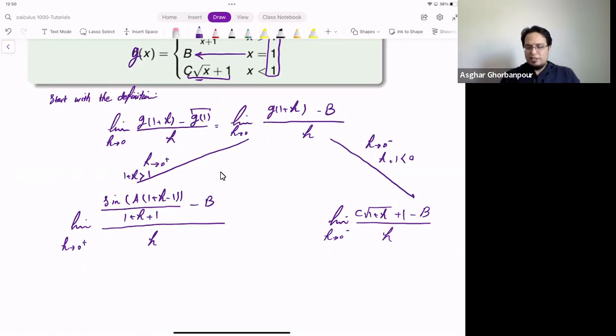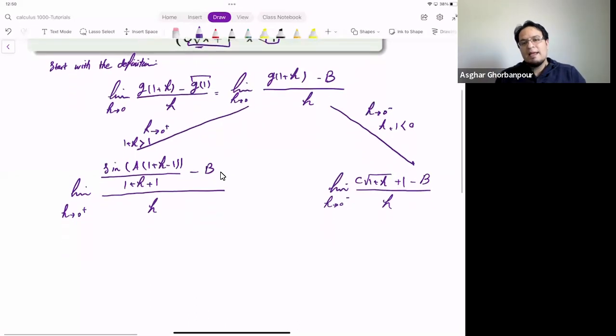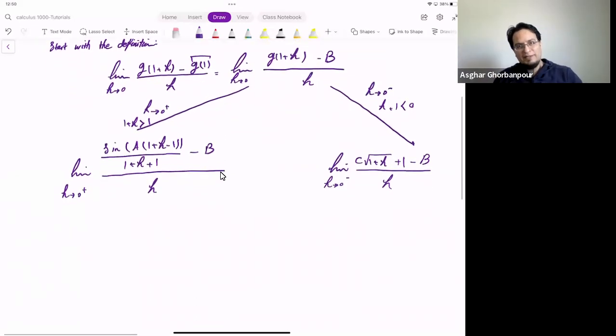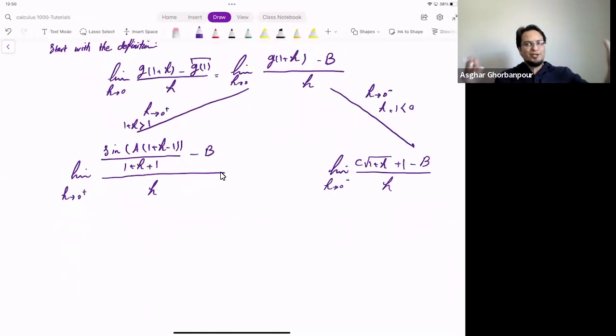But I am going to go a little bit different and a little bit strange way of showing this. Computing these limits is nice, and if I can compute those limits and set them equal to each other, those will give me an equation or equations for A and B and C.